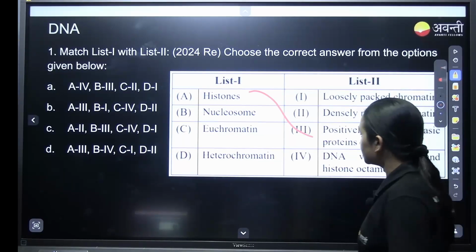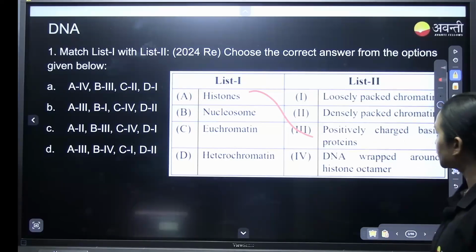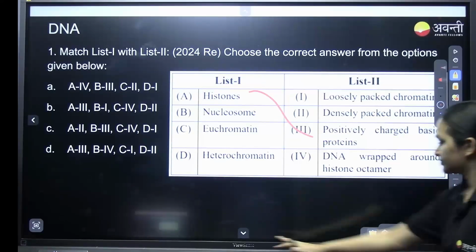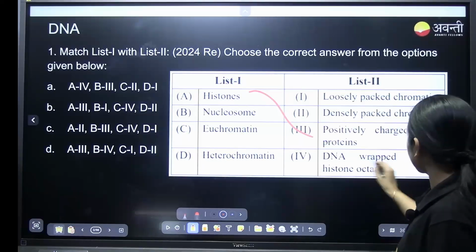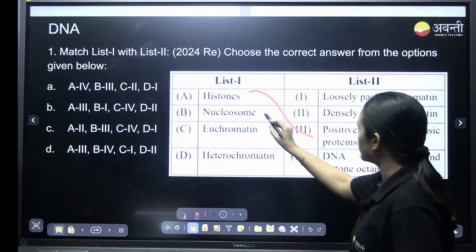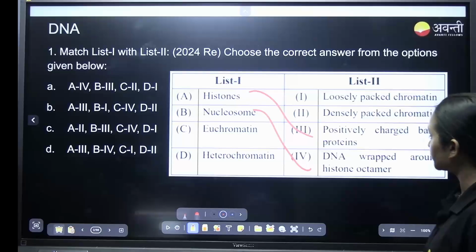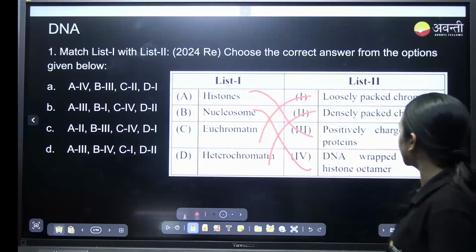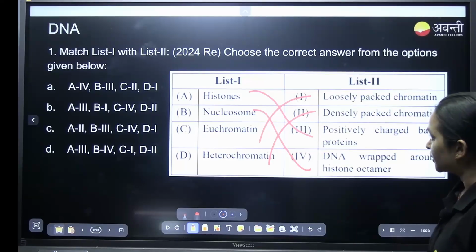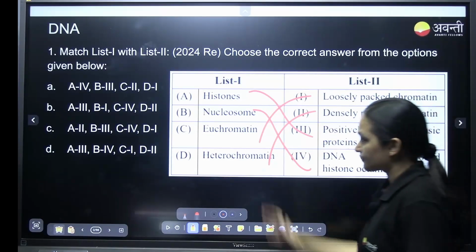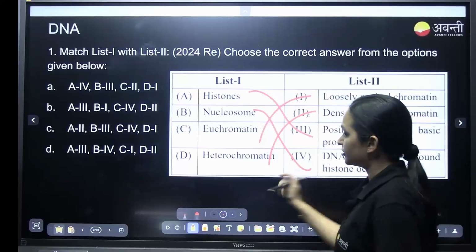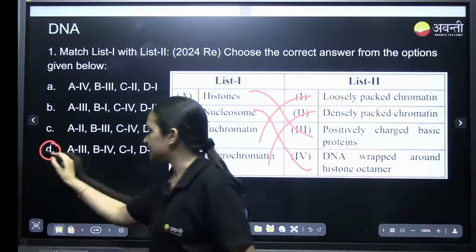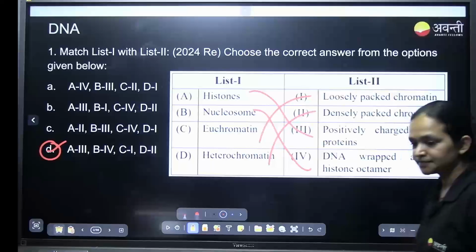Nucleosome is DNA wrapped around the histone octamer. Euchromatin is loosely packed. Heterochromatin is densely packed chromatin. Okay. A3, B4. We got D4 as the correct answer. Understanding? Yes.